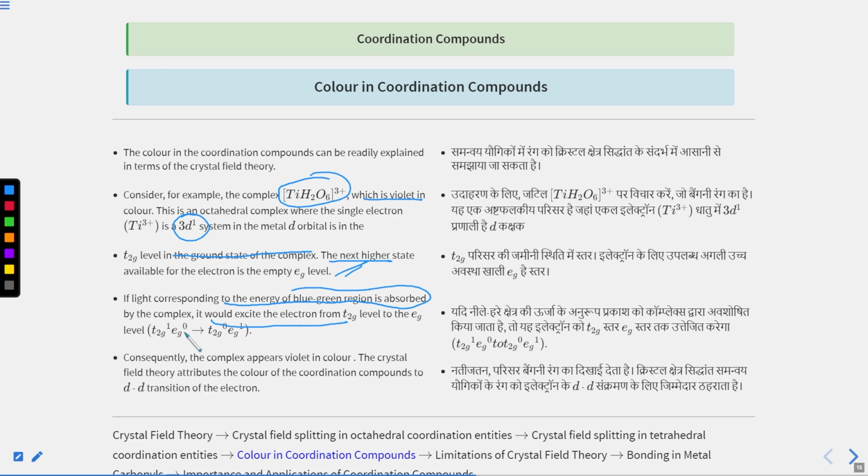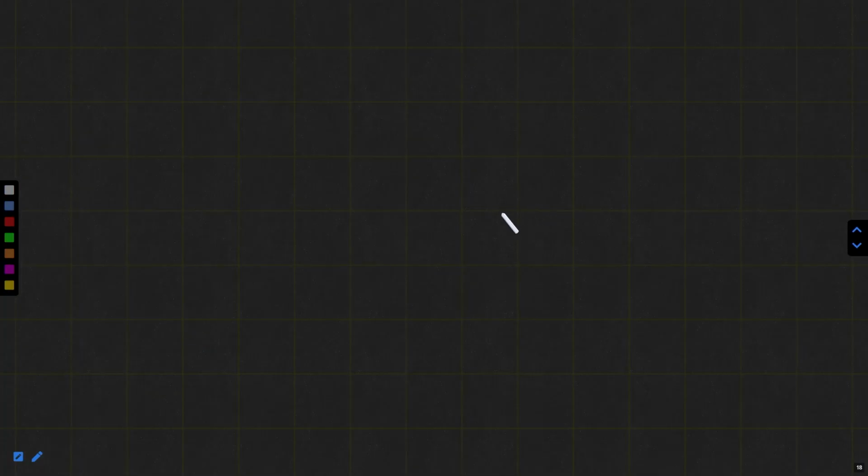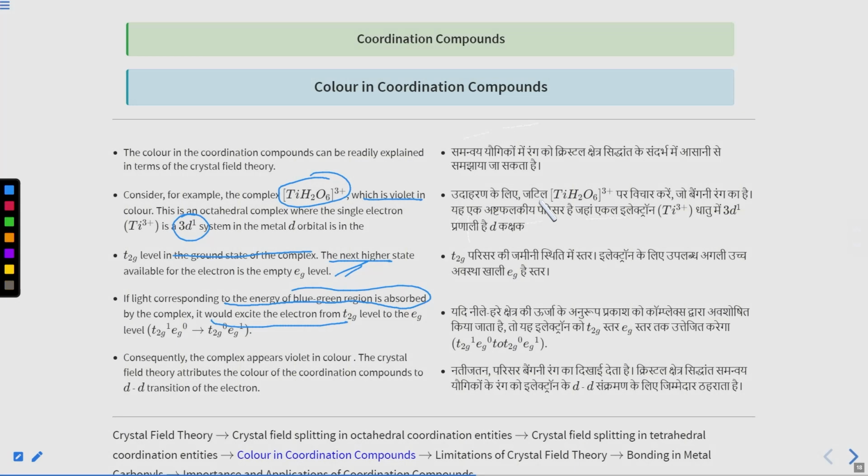If we draw it for Ti3+, one electron is in t2g. It absorbs energy and the electron is excited to a higher energy level. When it comes back, a violet color is observed. Why? Because the absorbed color was in the blue-green region.